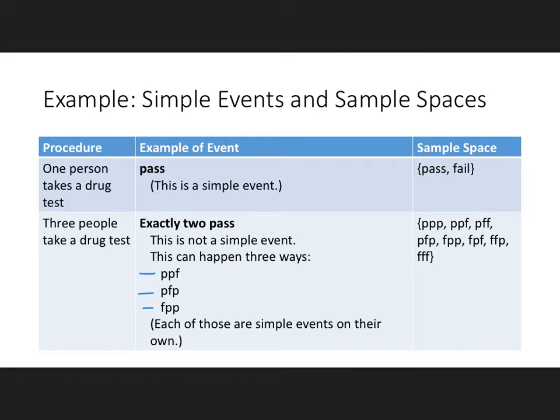Now, if I'm looking at the sample space, remember, this has to be every possible outcome. So we have pass, pass, pass; pass, pass, fail; pass, fail, fail; pass, fail, pass; fail, pass, pass; fail, pass, fail; fail, fail, pass; and fail, fail, fail. This is every simple event that could happen.